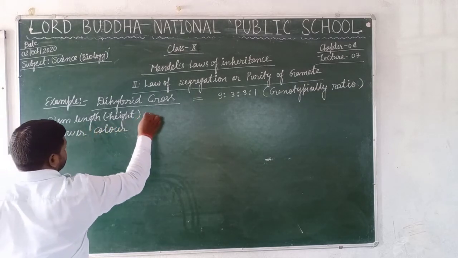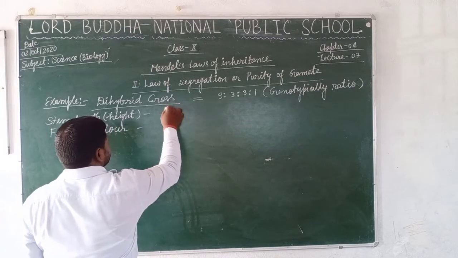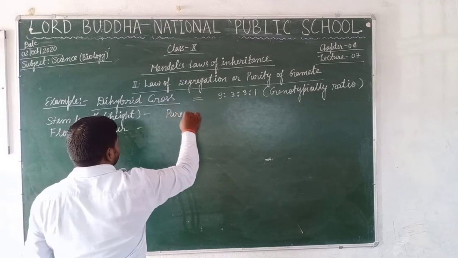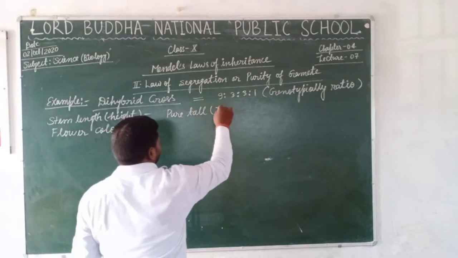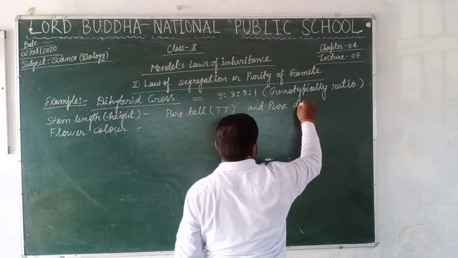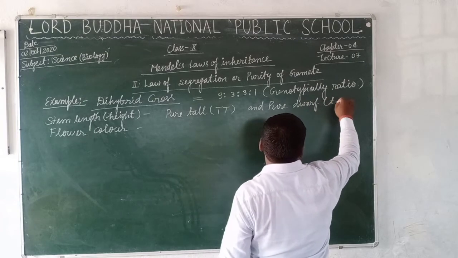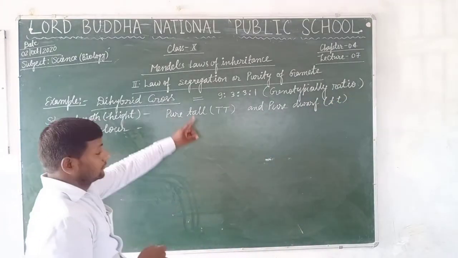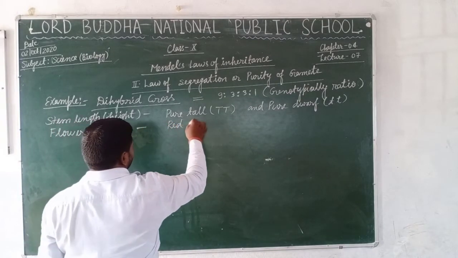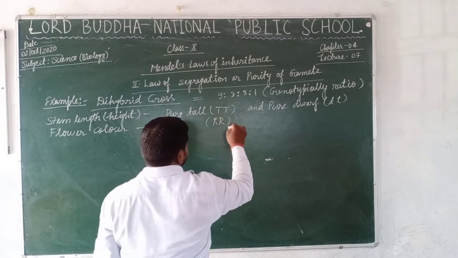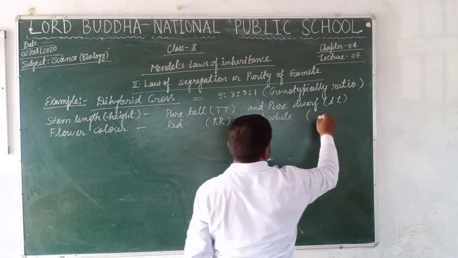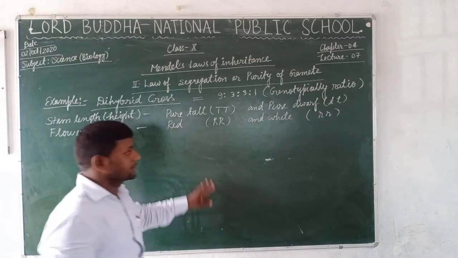Pure tall, capital T, and pure dwarf, small t, are taken as the contrasting alleles, and for flower color, red as dominant, capital R, and white, small r, as the contrasting allele.